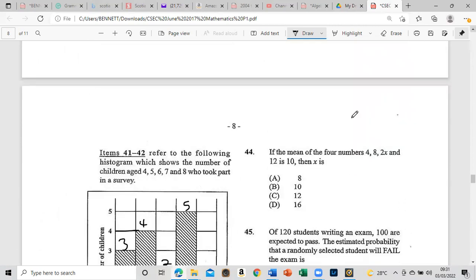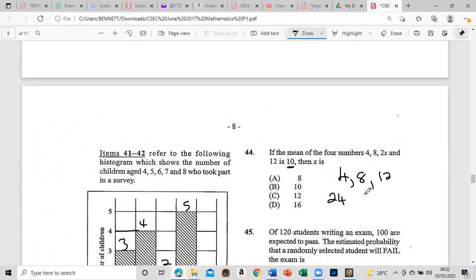44. If the mean of 4 numbers 4, 8, 2x, and 12 is 10, then x is equal to? So the mean is 10. So the numbers are 4, 8, 12. And we know that this must add up to 40, right? So add up this 4, 8 and the 12, so this is 24.